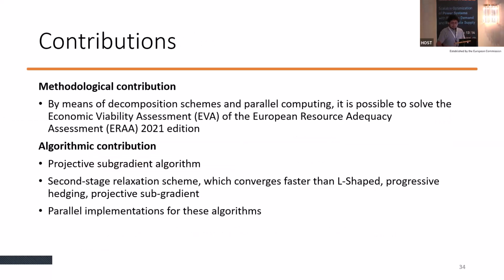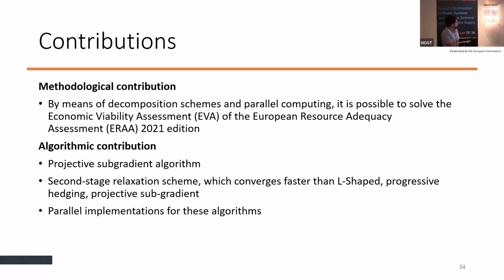So with this, I would like to close this talk. In terms of contribution, we have seen a methodological contribution: by means of decomposition schemes and parallel computing, we are able to solve this EVA problem for the ERAA 2021 edition. We also have some algorithmic contributions. I didn't describe the projective subgradient algorithm here, but we also did that.